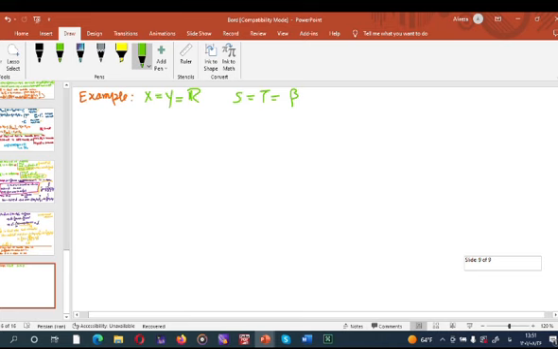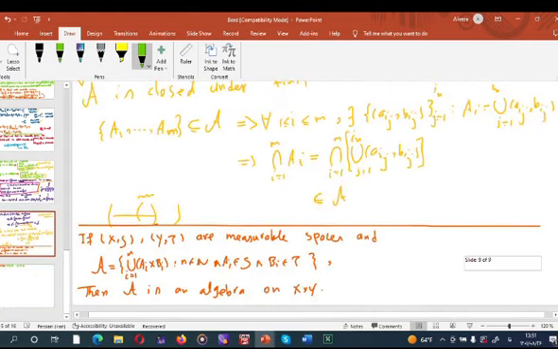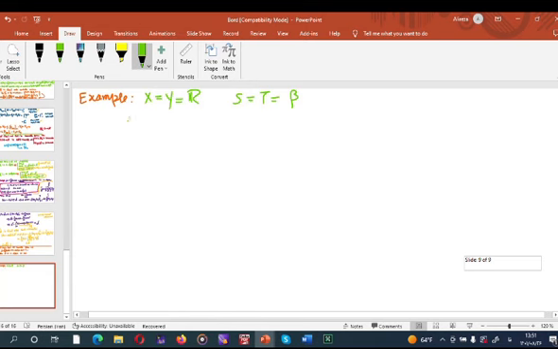Then, for example, this is an element of A because A is a finite union of rectangles, and for example this is a rectangle 1 times, for example, 2 3 union 2 multiplied by 2 3, and for example n multiplied by 2 3. This is an element of our algebra.